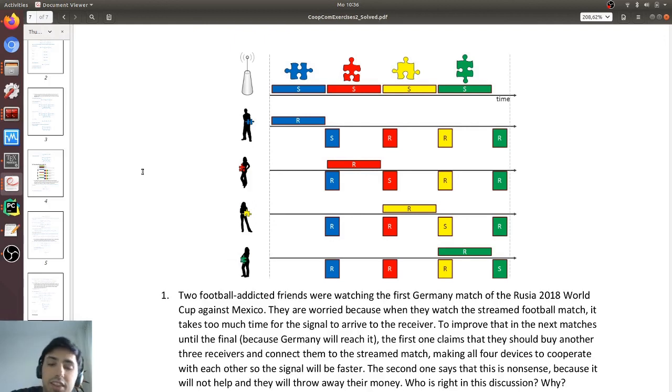Well, this is a lot of wording, but the actual question is if cooperation in streaming will help to deliver the content faster, to make the time to download the stream smaller. And as you can see here in the picture, it is quite straightforward.